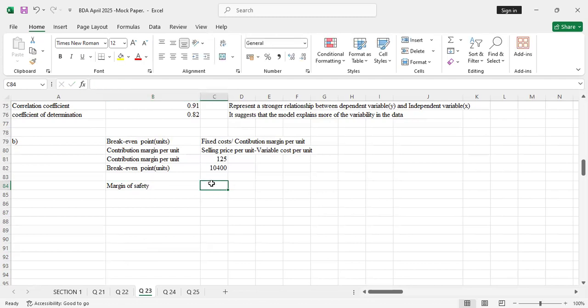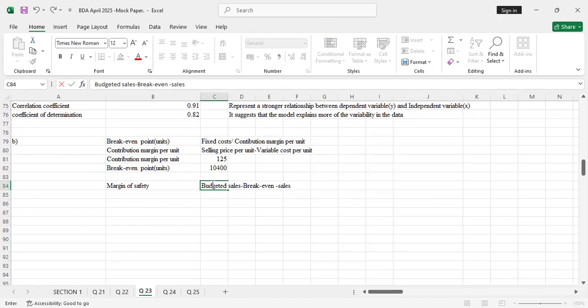The formula for the margin of safety is the budgeted sales, the actual sales, minus break-even sales.